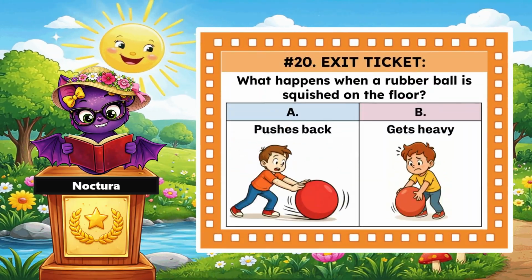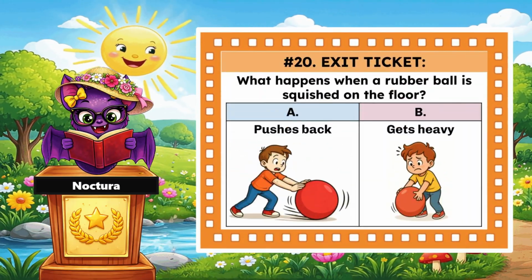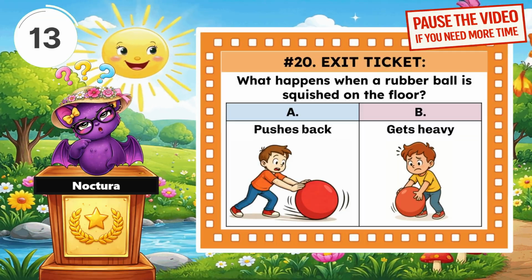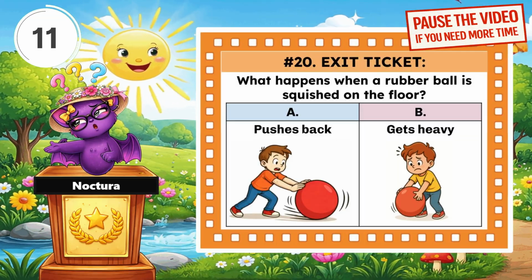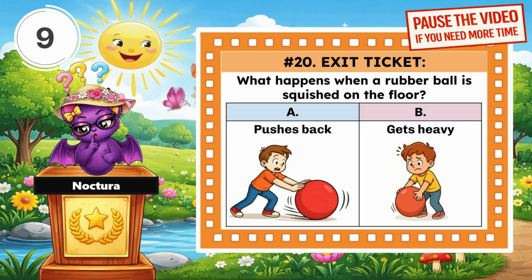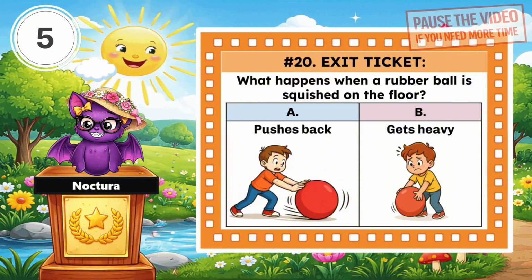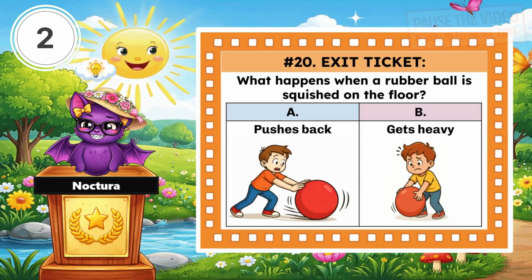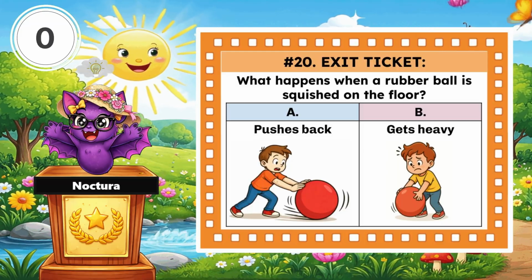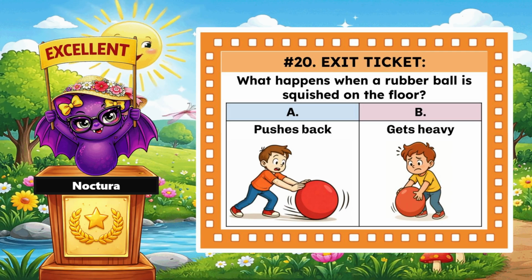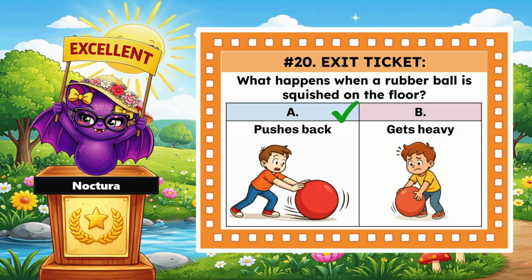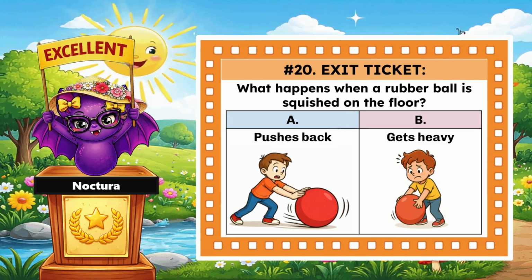What happens when a rubber ball is squished on the floor? And the correct answer is letter A, pushes back.